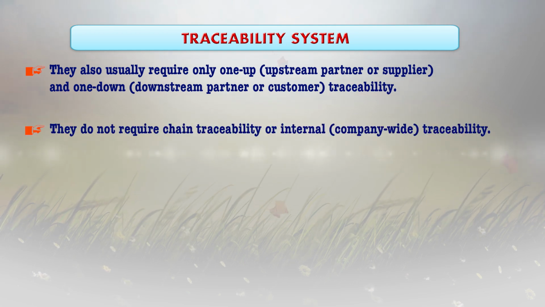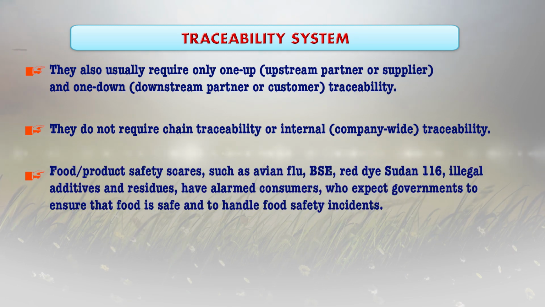That means it does not require chain traceability or internal traceability. Food product safety scares like avian flu, BSE, red dye or Sudan 1, illegal additives and residues have alarmed consumers, who expect governments to ensure that food is safe and to handle food safety incidents.